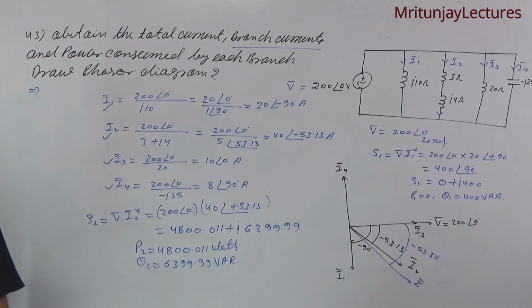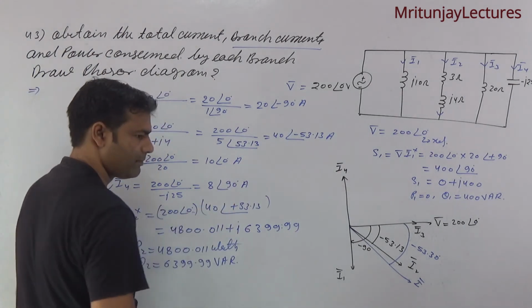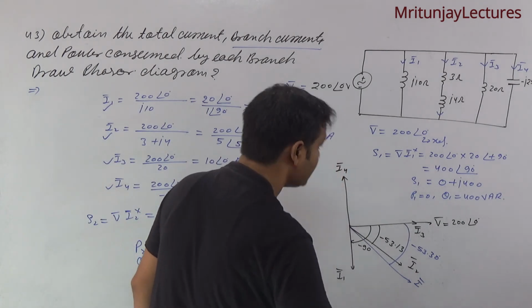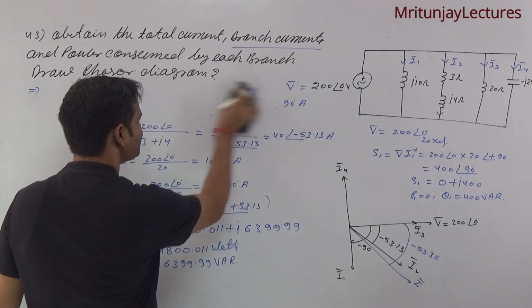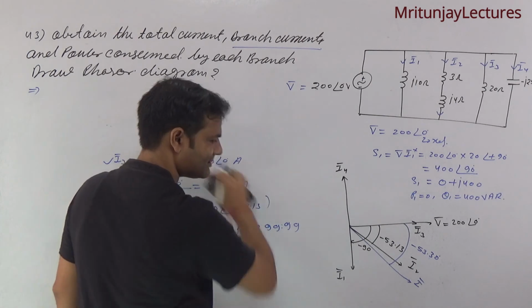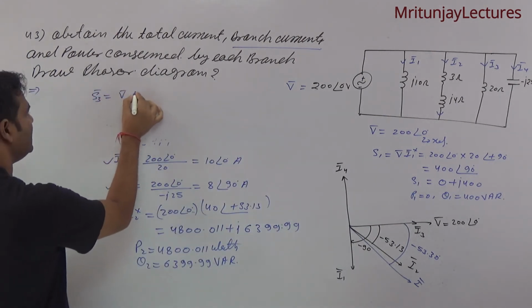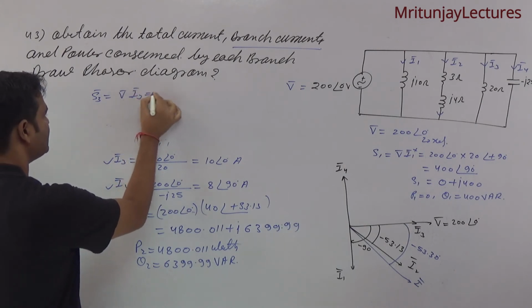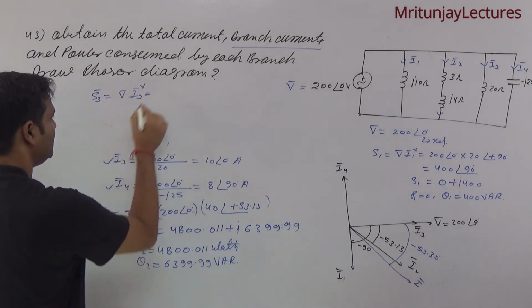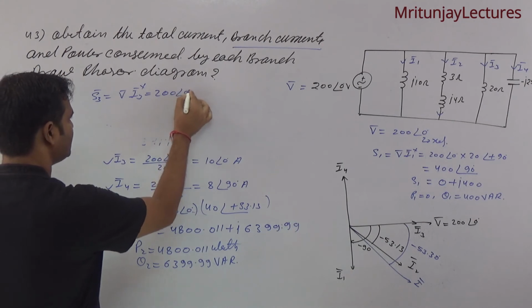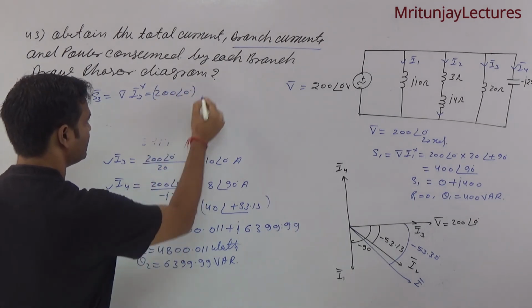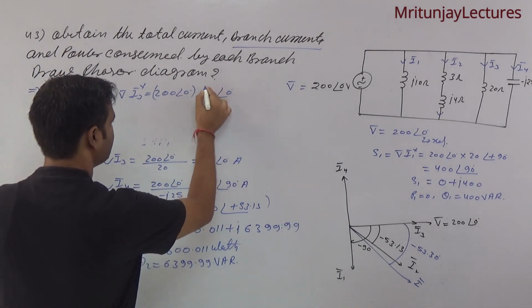Okay, now what about P3? Sorry, S3. S3 is written as V into I3 conjugate. V is 200 at the angle 0, and what about I3 conjugate? That is 10 at the angle 0.